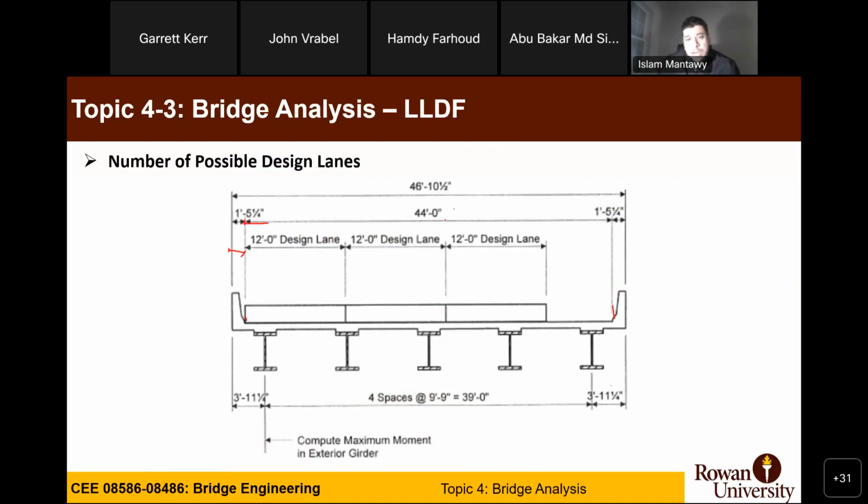You divide by 12, and you get a number rounded down to 3 lanes, because you are not able to put another lane here since the distance here is less than 12. And in this bridge, you have to do one lane loaded, or 2 lanes loaded, or 3 lanes loaded. Okay.